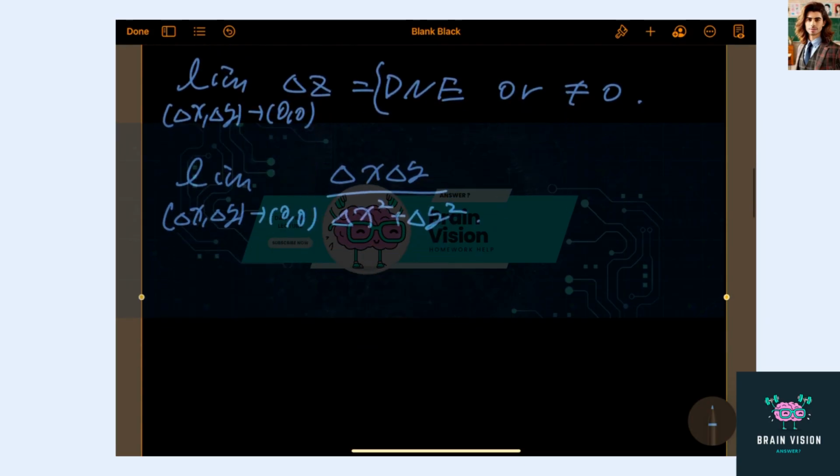Okay, and as we do in the usual limit, we can take two different paths, and if we can show that the limits along the different paths lead to different values, then we can conclude that the limit does not exist. So let's take the path first as delta x equals delta y.